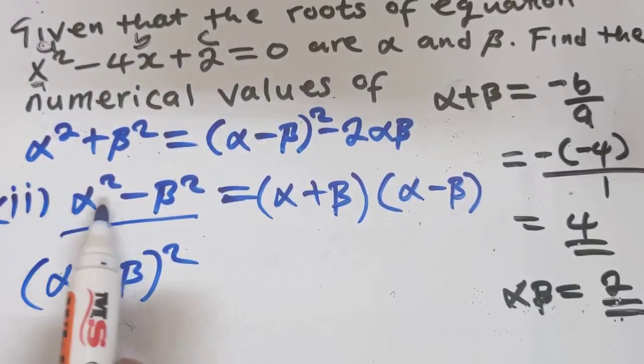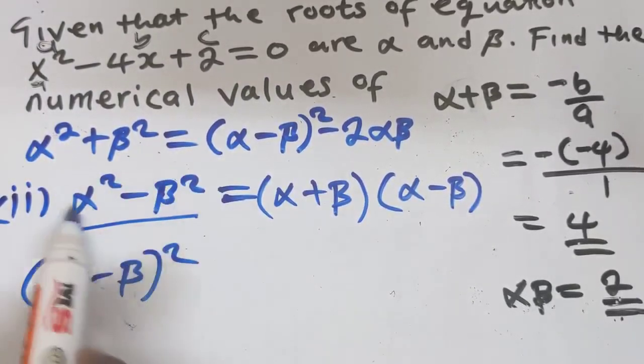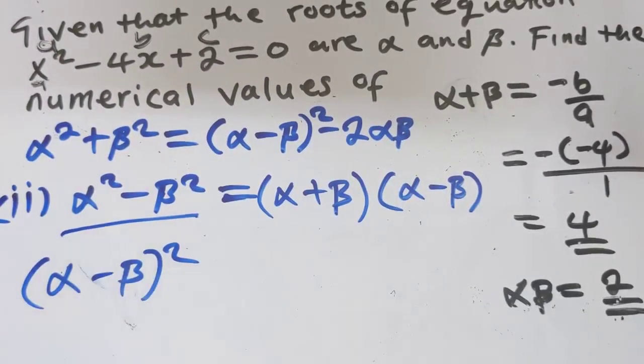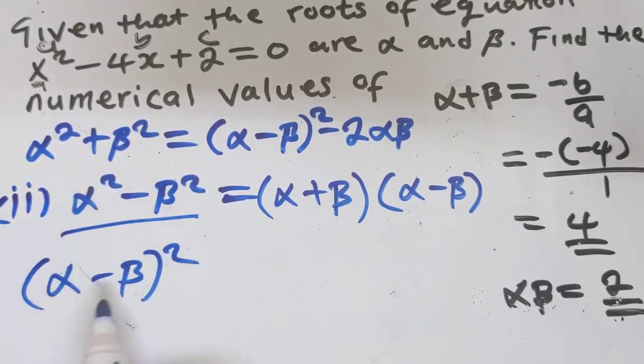So this one can be written as this. This means that it is a square of this one. It is also a square of that one.